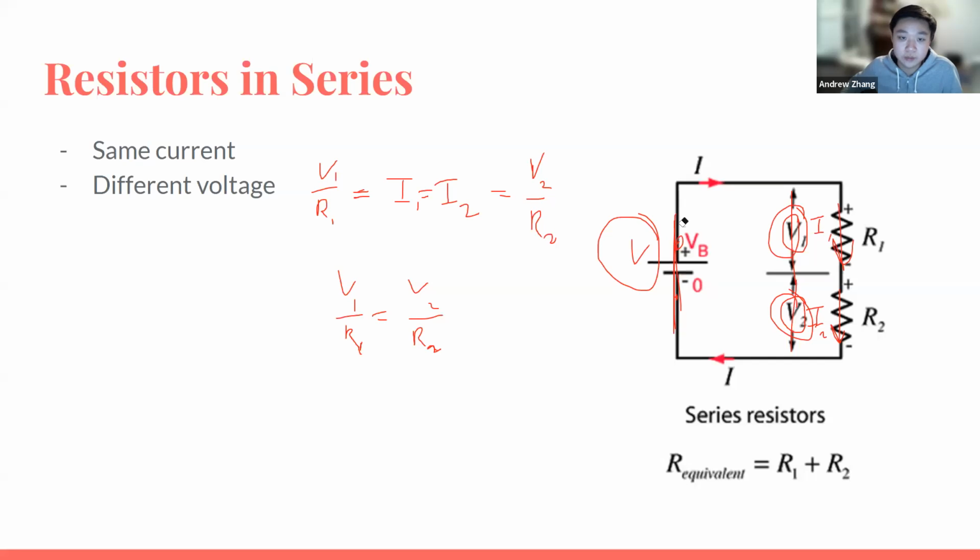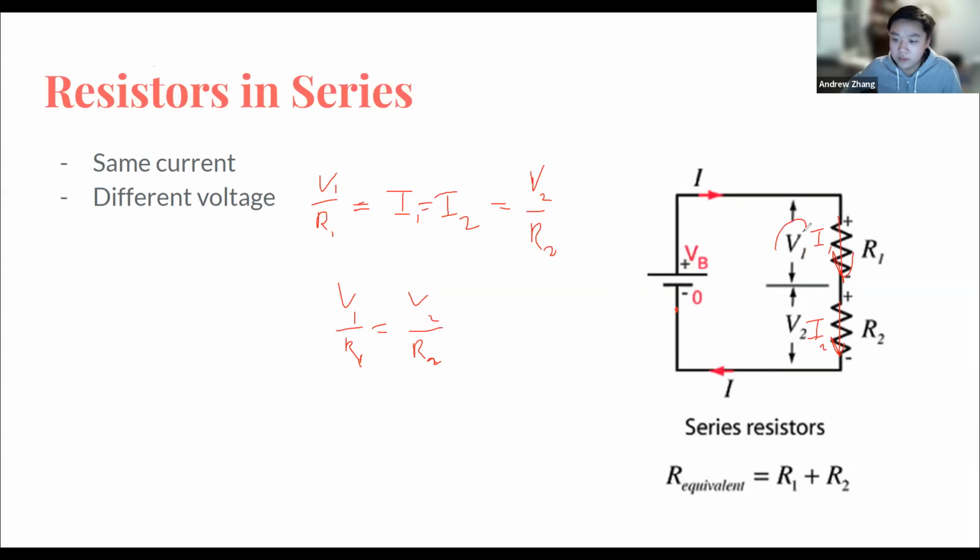V1 takes away V1 amount of voltage, and V2 takes away V2 amount, which means that eventually it'll come back here left with 0 voltage. Then the battery pumps more voltage into the circuit, so it's at V again, and the process starts all over.